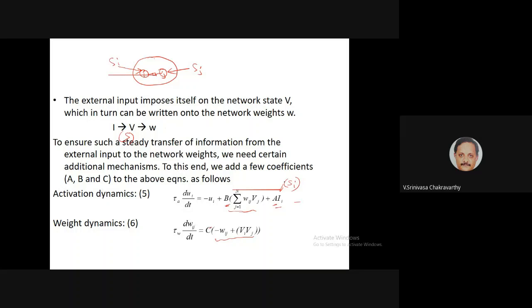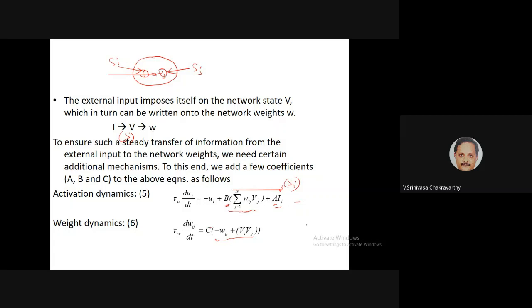I take my external input Si, the pattern I'm trying to store, and give it as external input Ii, and the only thing is I have some coefficient A. Now I'm using coefficient A so that I can control the relative magnitudes of these internal and external inputs. Each neuron will get inputs from other neurons, which is given by the summation of Wij Vj. It will also get inputs from the external input.